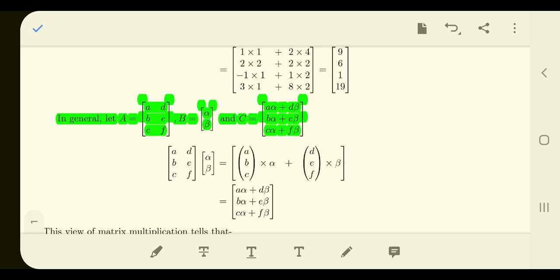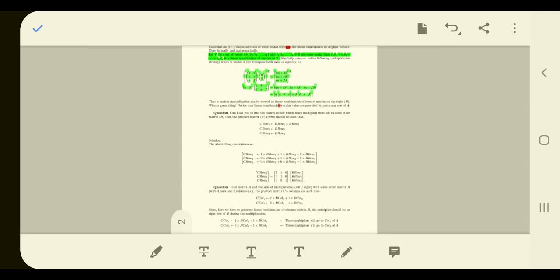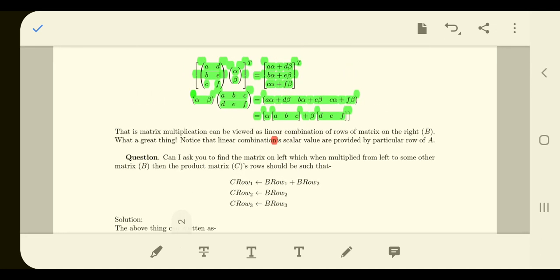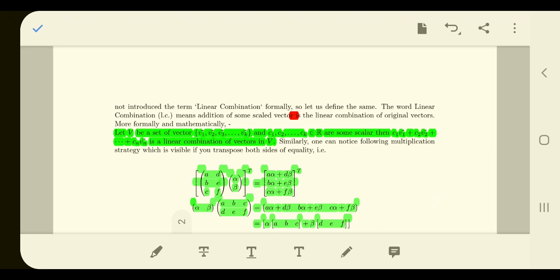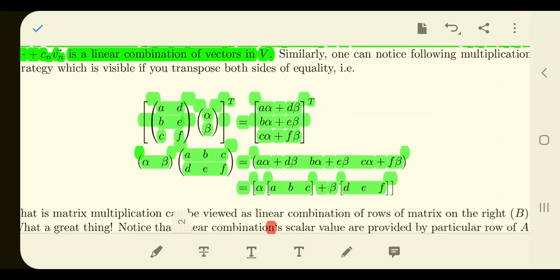You can recall how to transpose and the meaning of transpose from the previous lecture. Just look at this transpose part. Now, transposing both sides, what we get is this.